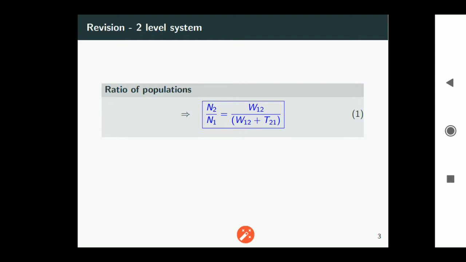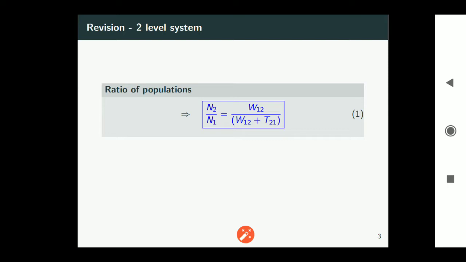The denominator is more than the numerator, therefore the RHS is less than 1. This implies N2 by N1 is less than 1, which is not a condition for population inversion. The condition for population inversion is that N2 should be more than N1.